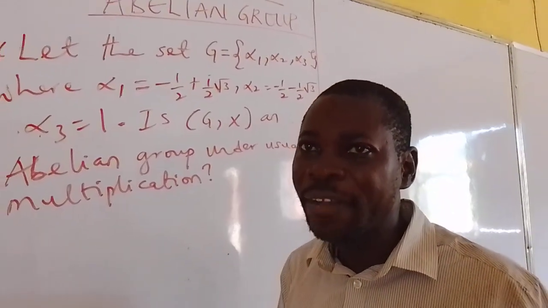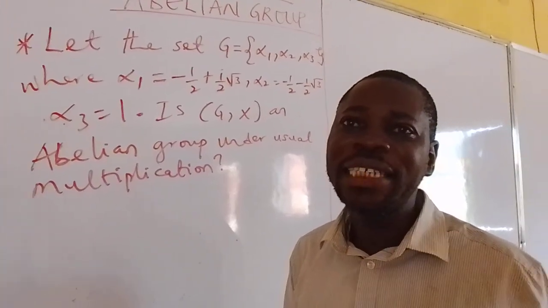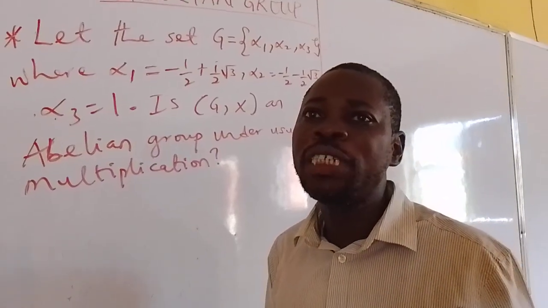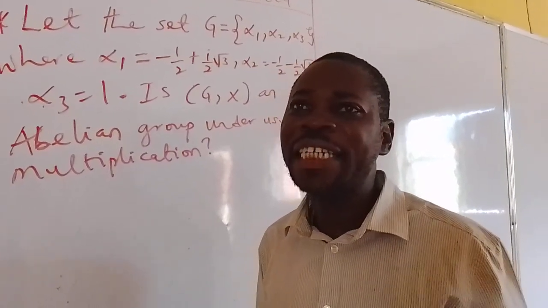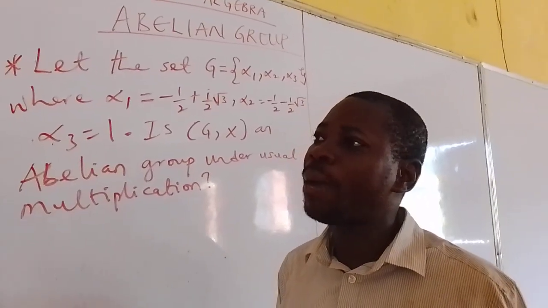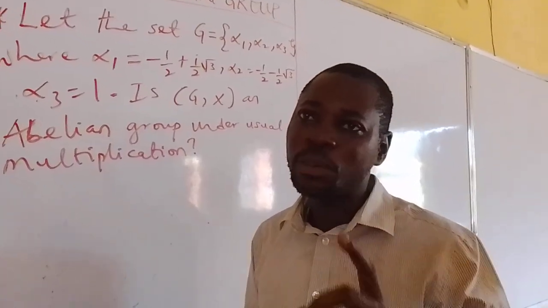Then secondly, let G be a non-empty set endowed with a binary operation star. The couple (G, star) is said to be a semigroup if for all a, b in G, a * b is in G. That is property 1.